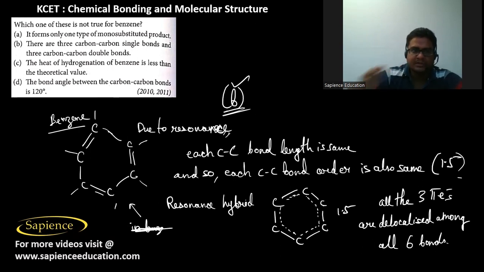And in option C, it is told the heat of hydrogenation of benzene is less than the theoretical value. Yeah, that is true, since it is due to the resonance energy.